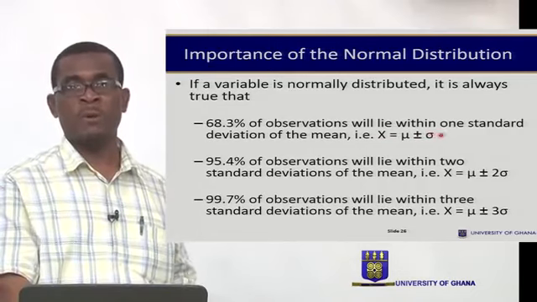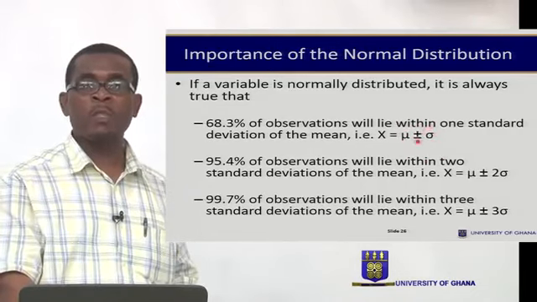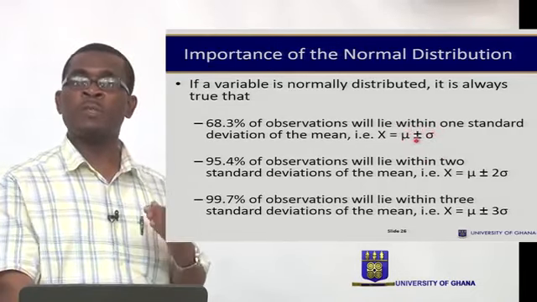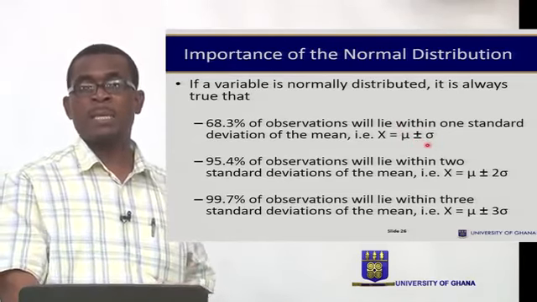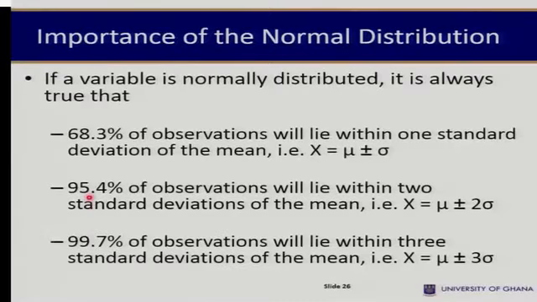It gives you a range, and we're saying that if a variable is normally distributed, we will observe 68.3% of the observations to lie within that range, and then 95.4% to lie within two standard deviations of the mean, and then 99.7% of observations to lie within three standard deviations.